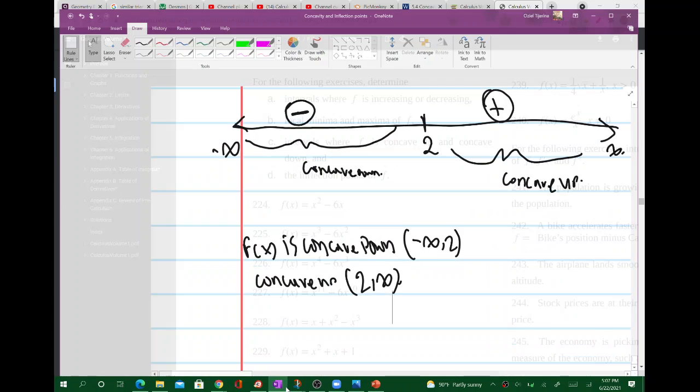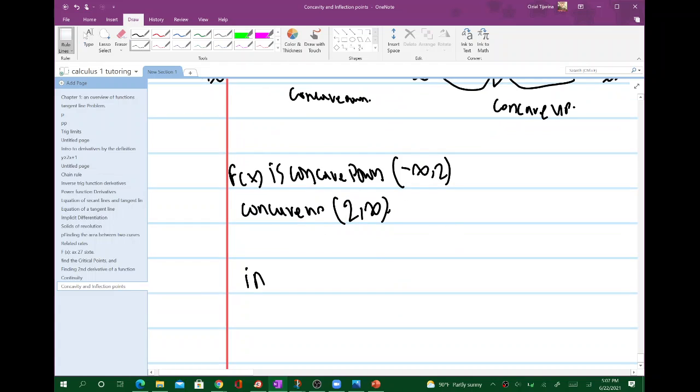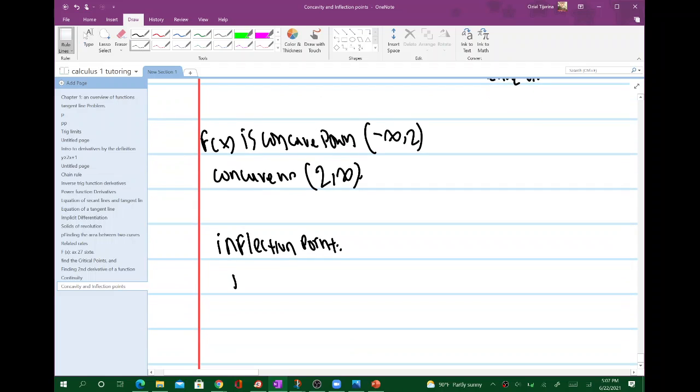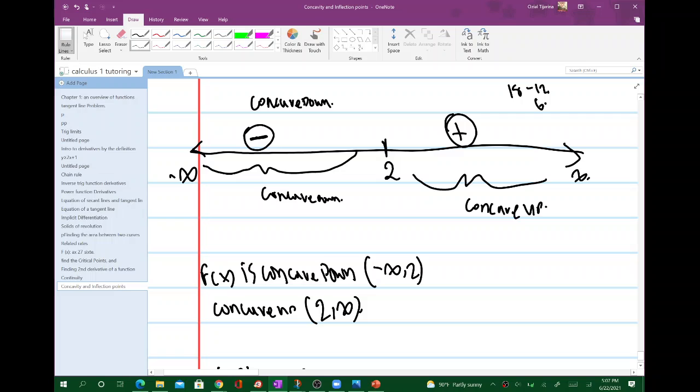And finally, the inflection points are literally where you set f double prime of x equal to 0. So for the inflection point, all you have to do is find f of 2, because that is when we set the second derivative equal to 0.